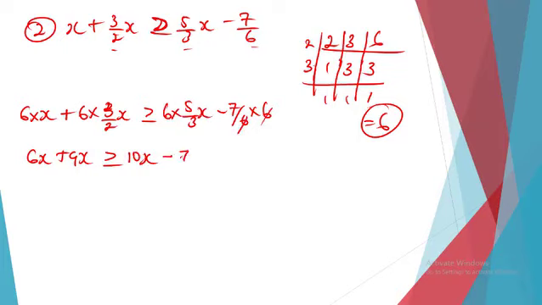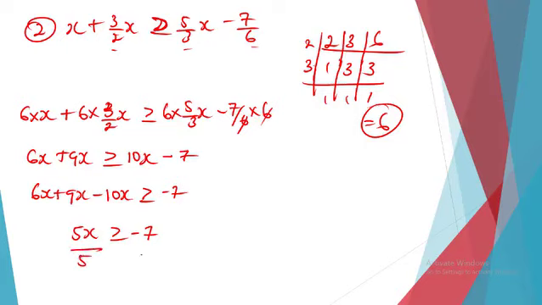minus 7. Then we collect like terms. If we collect like terms, we then have 6x plus 9x minus 10x is greater than or equal to minus 7, and 6 plus 9 is 15. 15x minus 10x will give us 5x to be greater than or equal to minus 7. Okay, so we divide both sides by 5.